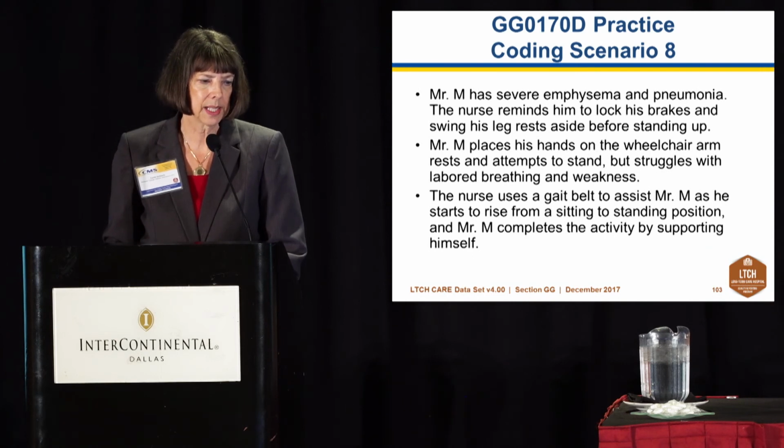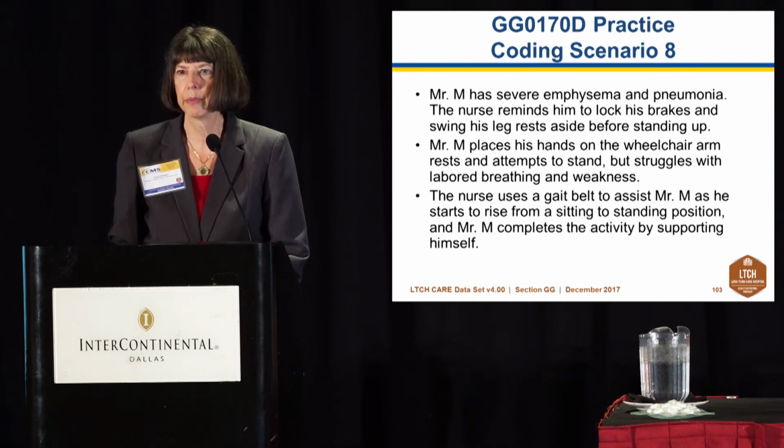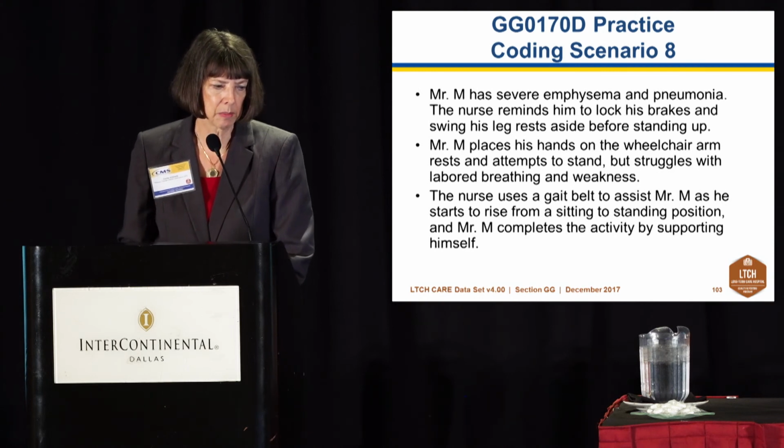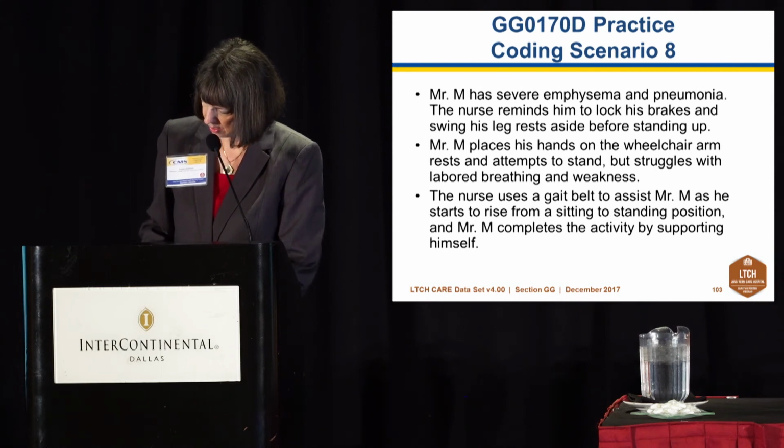Mr. M places his hands on the wheelchair armrests and he attempts to stand, but struggles with labored breathing and weakness. The nurse uses a gait belt to assist Mr. M as he starts to rise from sitting to a standing position, and Mr. M completes the activity by supporting himself.